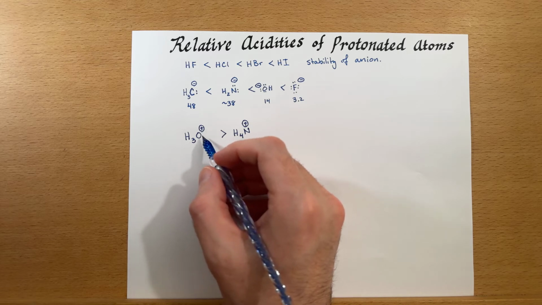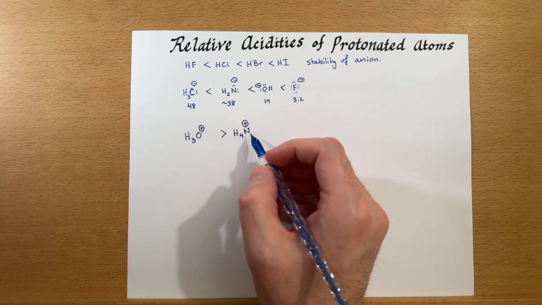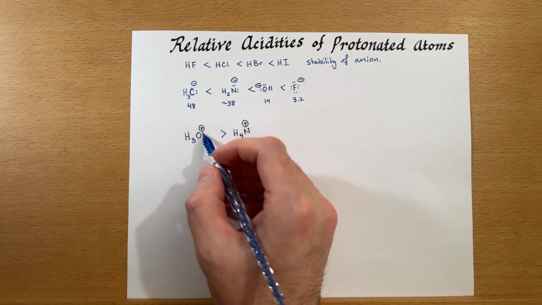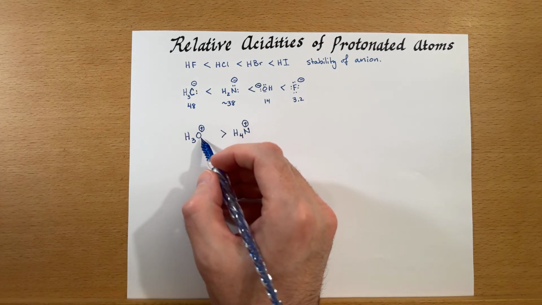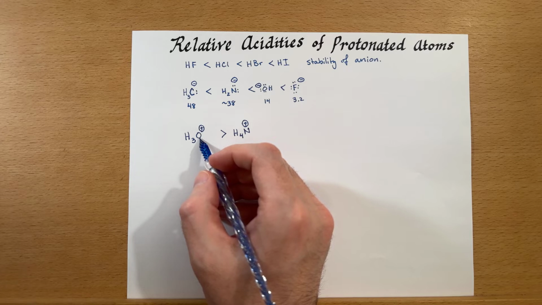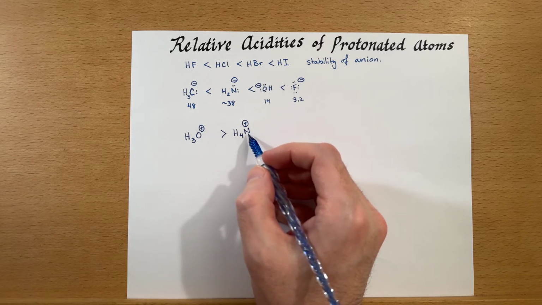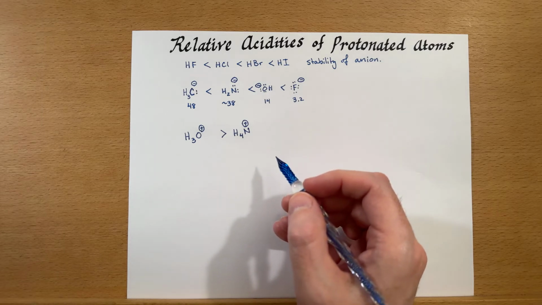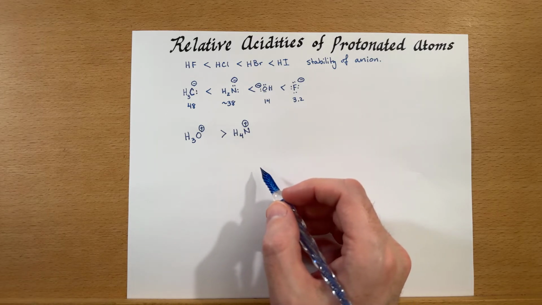So here we have hydronium and we have ammonium. Now, the plus charge is less stable on the oxygen than it is on the nitrogen because oxygen is the more electronegative element.